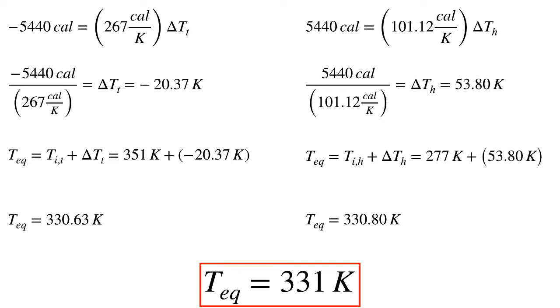I kept it to one decimal point, so I went 5440, and that 0 was a placeholder. And I got pretty close, 330.63 Kelvin versus 330.8. That's not too bad.